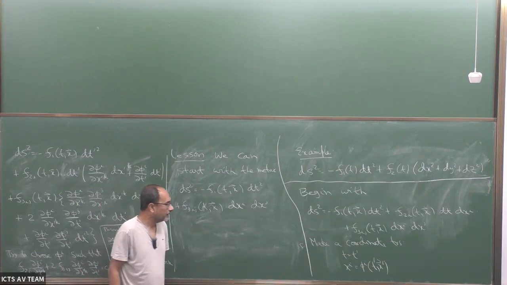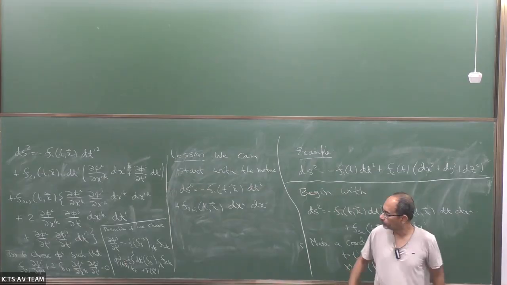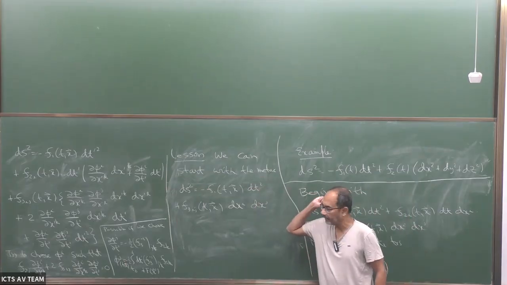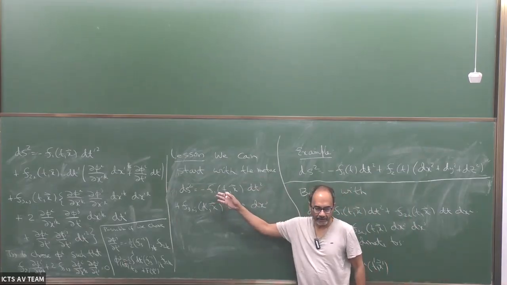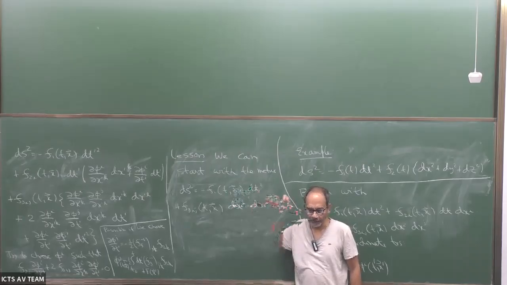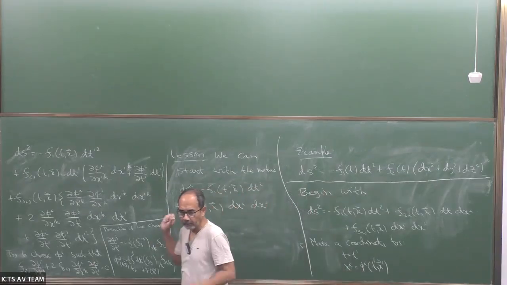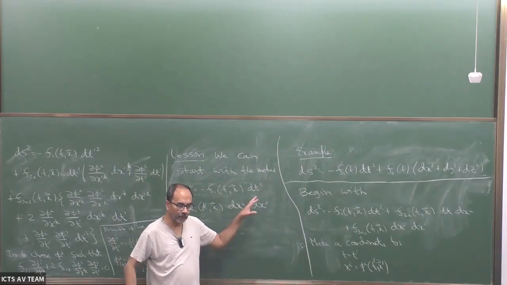Now, if we are allowed to also make an arbitrary functional transformation on T here, we could have tried to get rid of the f1. Take T to be an arbitrary function of x and T. You can try to use that to get rid of the f1, but we will not try to do that. You will see that later on. f1 will go away anyway.